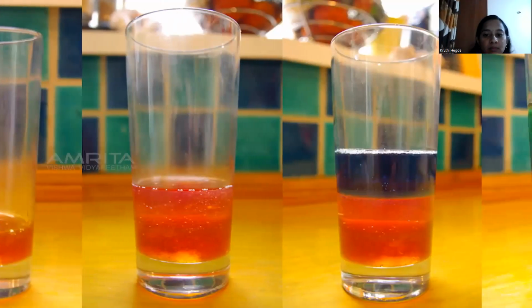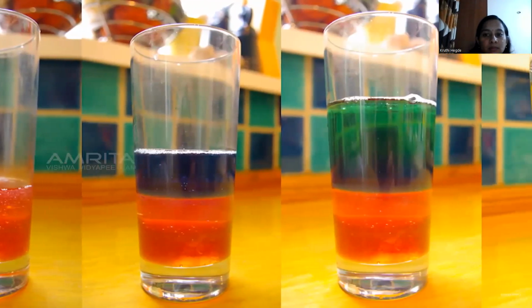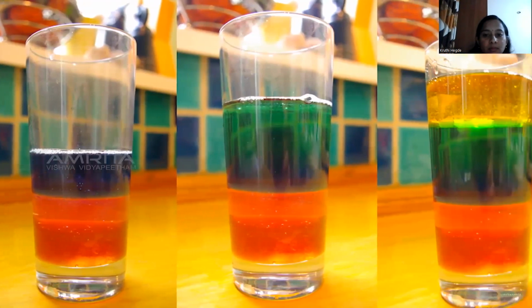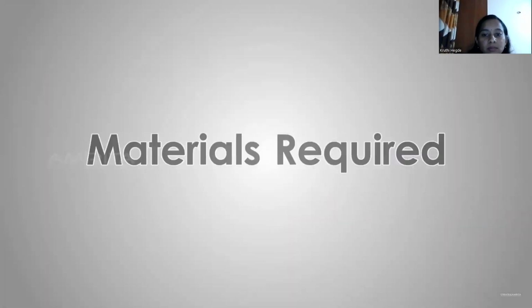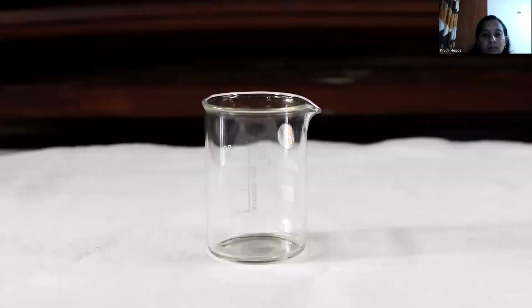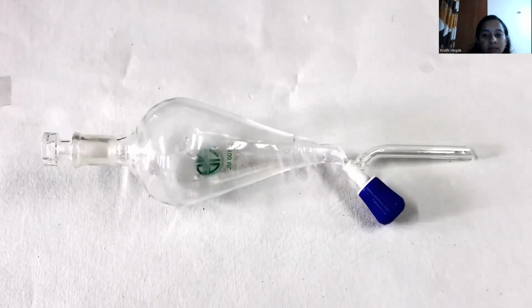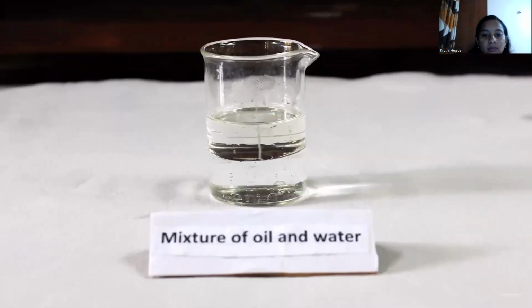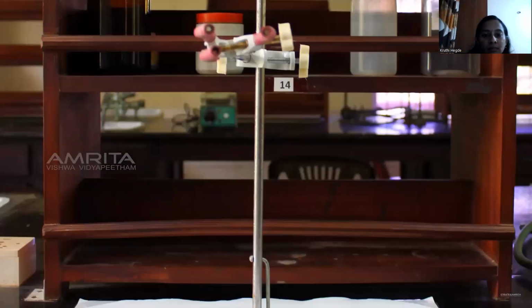The liquid with more density forms the lower layer, and the liquid with lesser density forms the upper layer. Materials required: beaker, filter funnel, separating funnel, mixture of oil and water, and stand with a clamp.